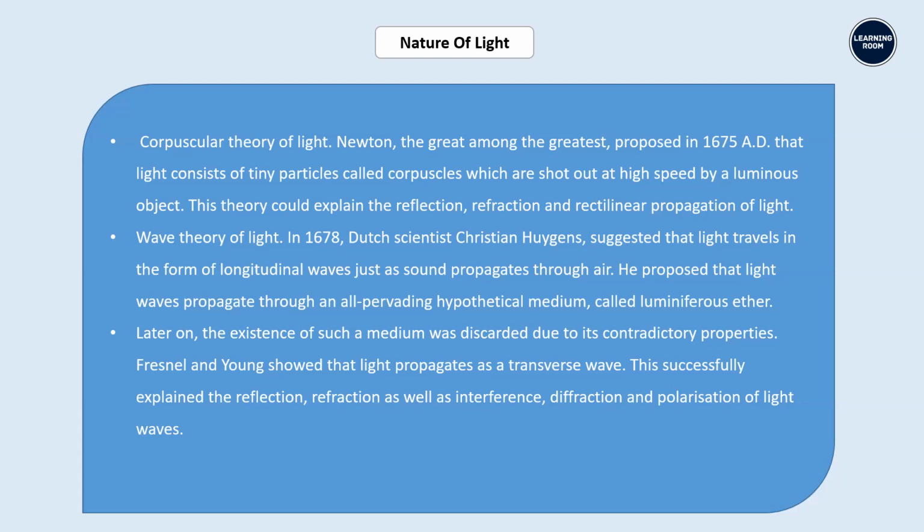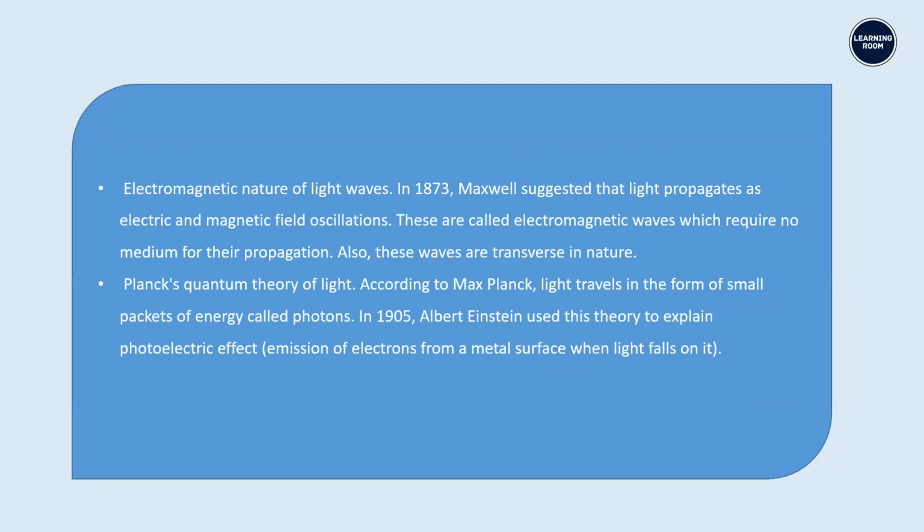So at the end of the slide, we understood that people started believing that light had only wave nature, but that is also not true in today's world. Then came the concept of the electromagnetic nature of light waves, discovered by Maxwell in the year 1873.